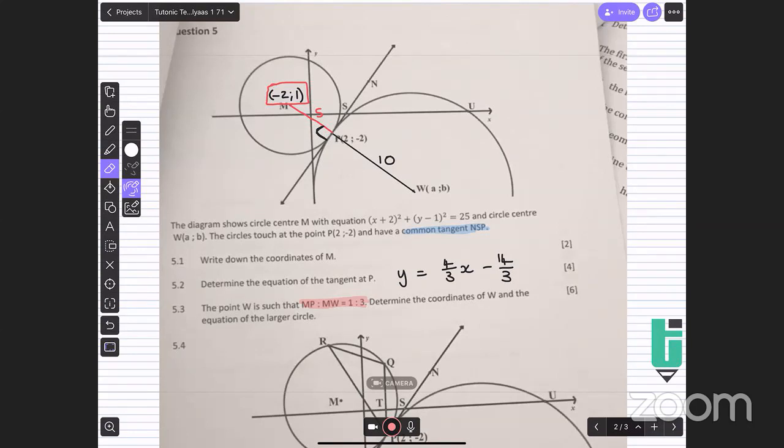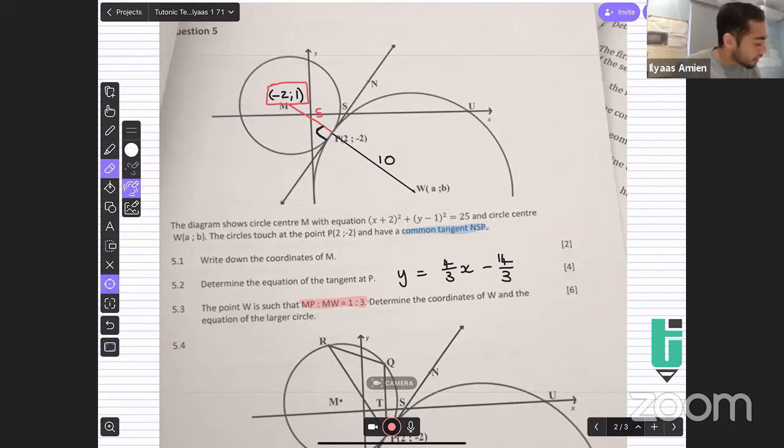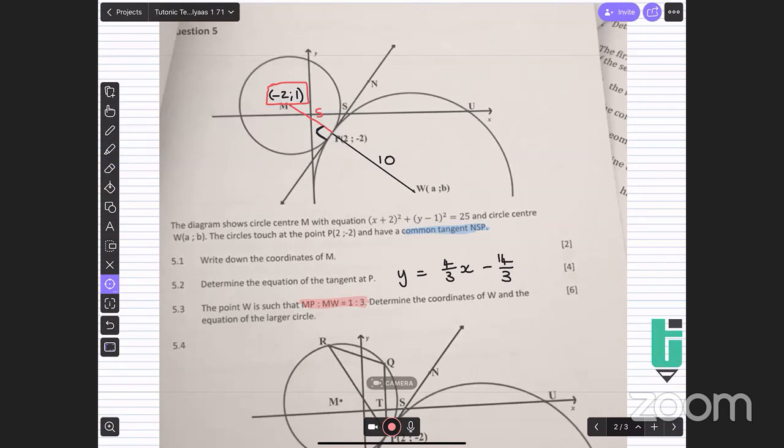Oh, yes. Okay. Because you will have the tangent's gradient, and then because we have the tangent's gradient, we can get the gradient of this radius PW. Isn't the tangent perpendicular to the radius? Yeah.